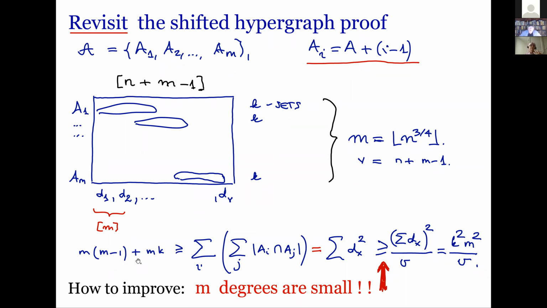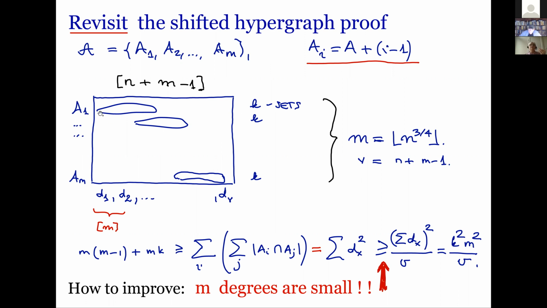Now, what is the weak point of the proof? The weak point is that at the very beginning, in the first m integers, first m points, this hypergraph cannot be very dense. I mean, at element 1, the degree is only 1. The average degree is about 4 through 10.